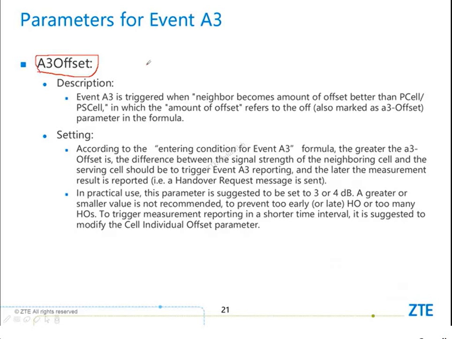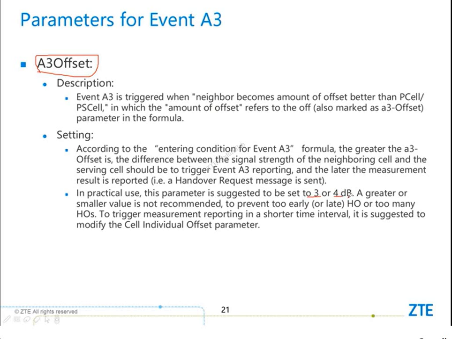This A3 offset is used to control how much better the neighbor cell's quality should be than the serving cell's quality before the handover is triggered. In practice, we suggest setting this value to 3 or 4 dB. This parameter cannot be set too big or too small.